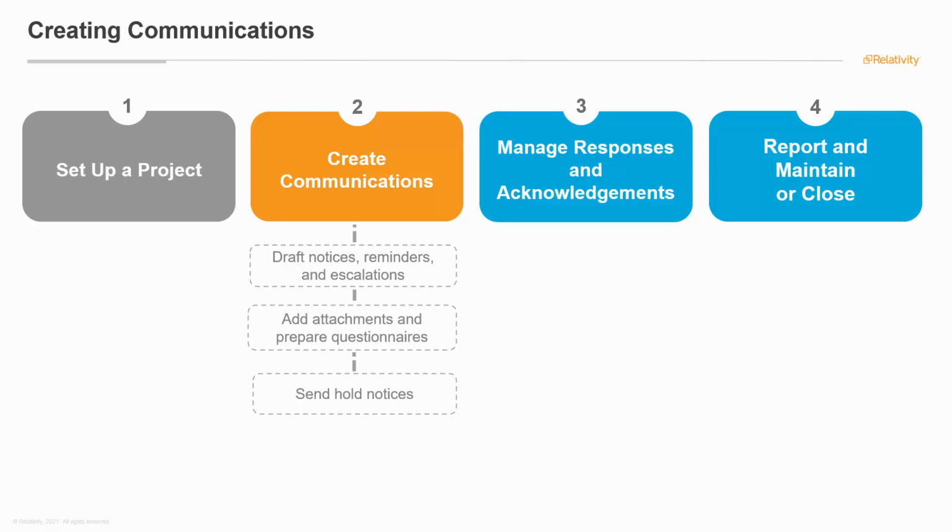Relativity Legal Hold has tools to assist with creating the text of communications themselves, as well as associated attachments and questionnaires that provide ways to inform custodians of their legal duties and learn more about their role and potential involvement in relevant activities. Those communications are sent directly from the legal hold application, which then provides the ability to send automated reminders or escalations where needed. A key note here is that this process isn't just limited to custodians. It also covers notifying outside groups like external counsel or IT.